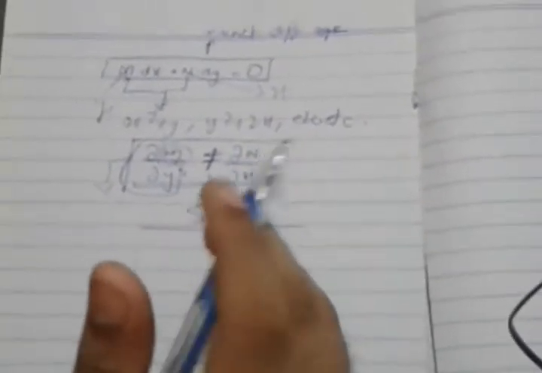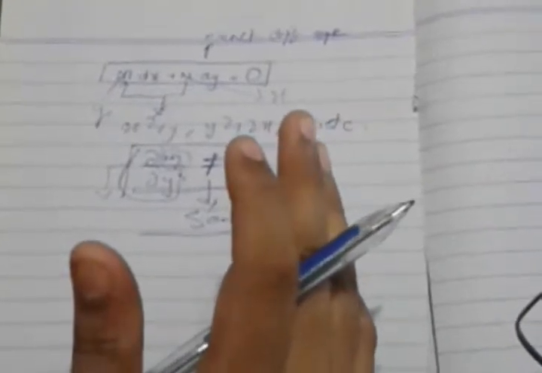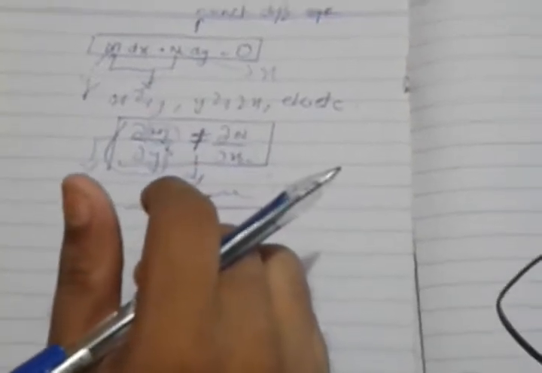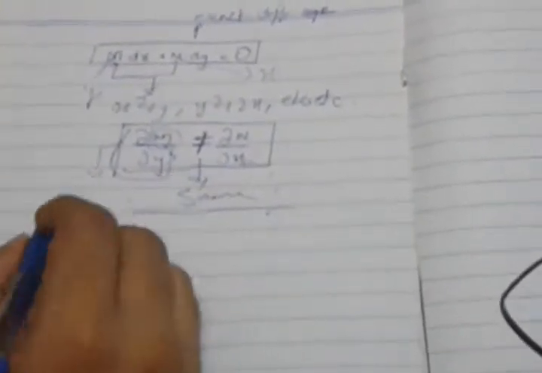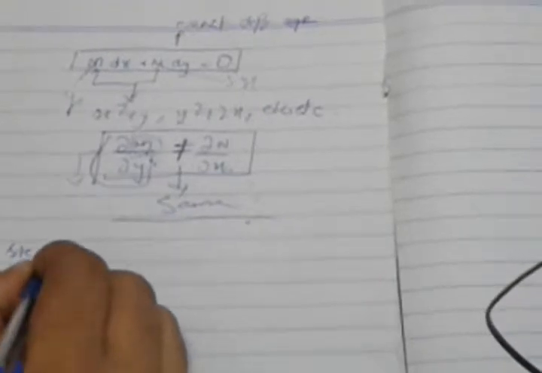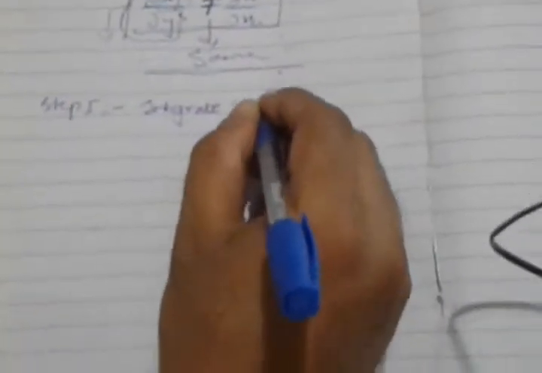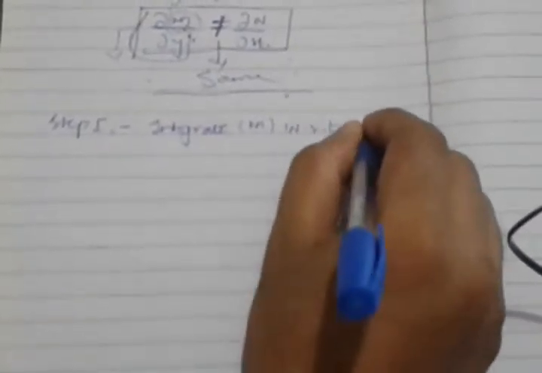Now for solving an exact differential equation, I have made a 3-step method for you guys, so that you can grasp this method very clearly. Solving a differential equation by the exact method follows 3 simple steps. After getting this condition, you will perform these steps. First step: integrate M with respect to x, keeping y constant.